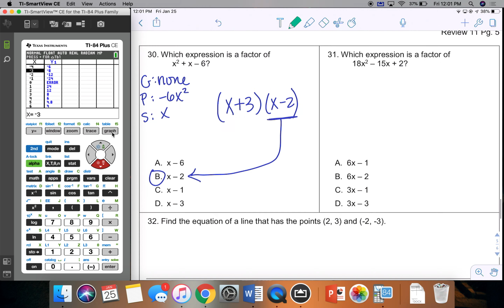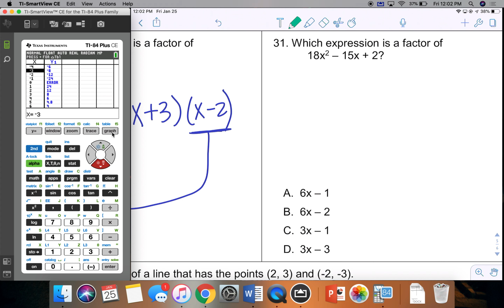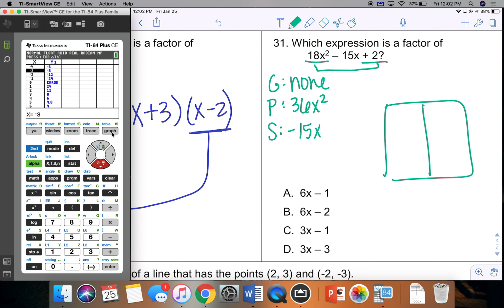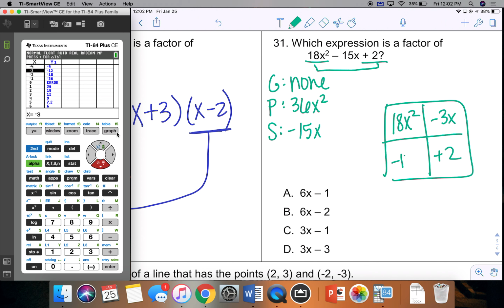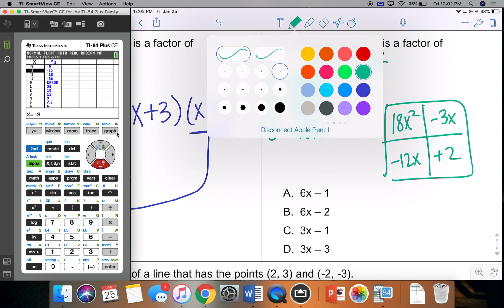31, you can't really do in your head as well. There is no GCF on this. Product first times last is 36x squared, and my sum is negative 15x. So I look in my calculator and y equals, I put the product. I'm searching for a negative sum, so I'm going to go up to the negatives, and negative 3 and negative 12 would add to negative 15.